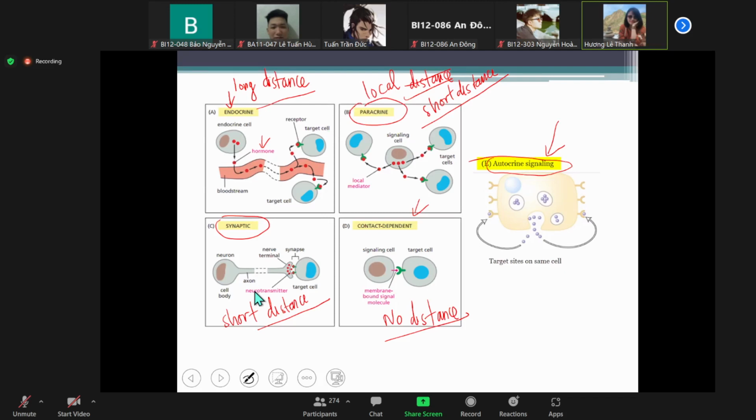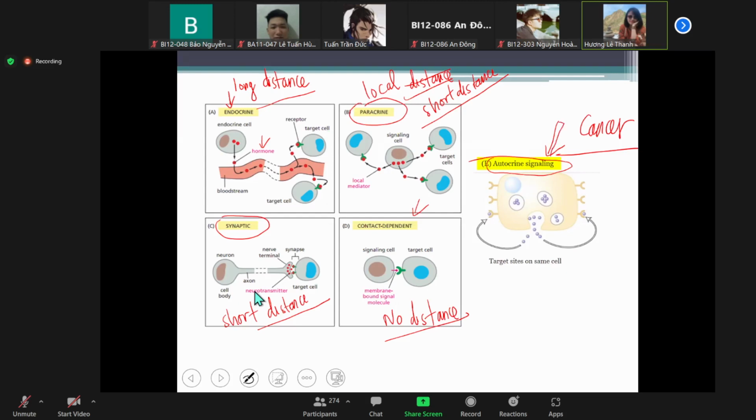So it's the case of cancer. Cancer cells release ligands. In most cases, ligands stimulate them to divide. So they send ligands to themselves to encourage themselves to grow and divide more rapidly. So in the cancer cell case, they are autocrine signaling.